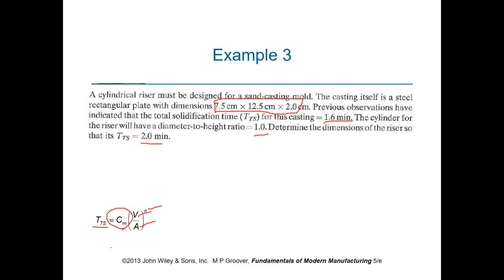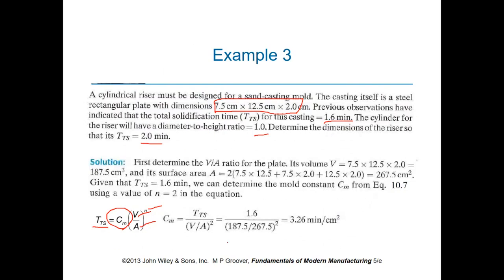We compute the value of Cm on the basis of what we have at hand, and it comes to this much. The value of Cm will not change for the same mold and the same liquid material. So if we want to design the riser, then the same Cm will be applied.